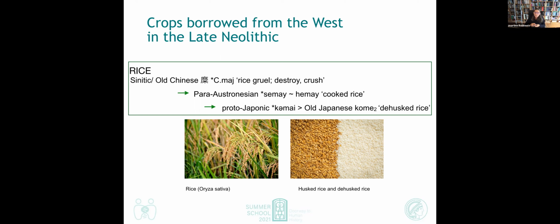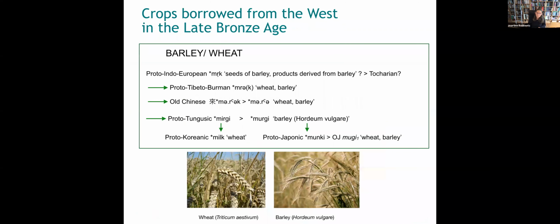And this borrowing of rice can probably be situated in a context whereby Japonic and Austronesian were neighbors when they were still situated on the Shandong Peninsula.